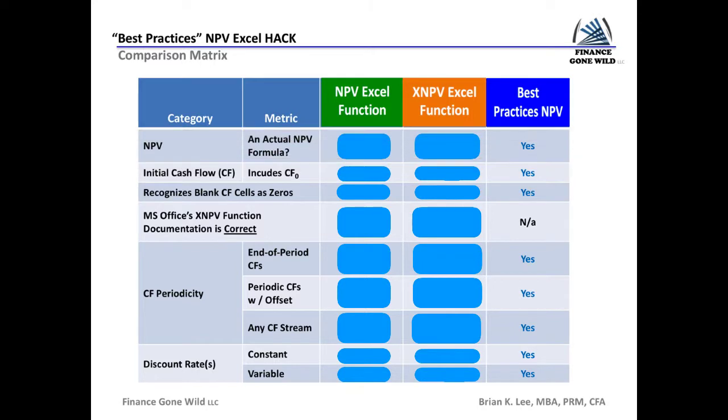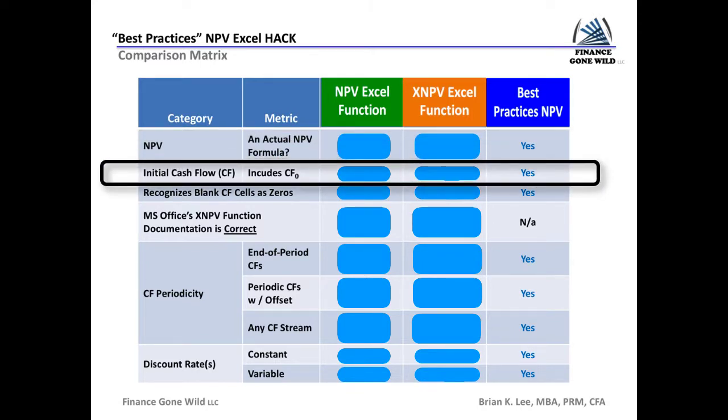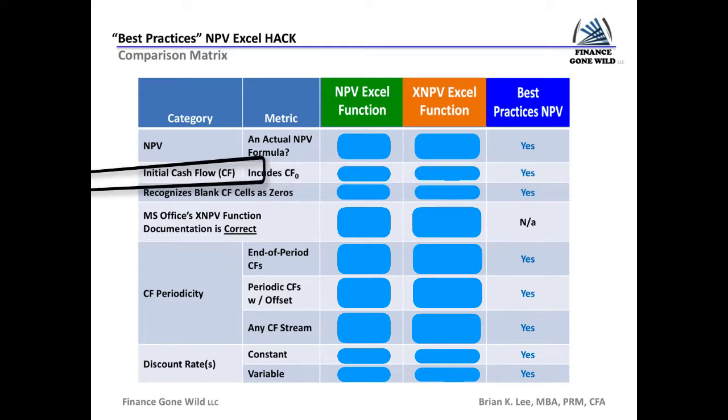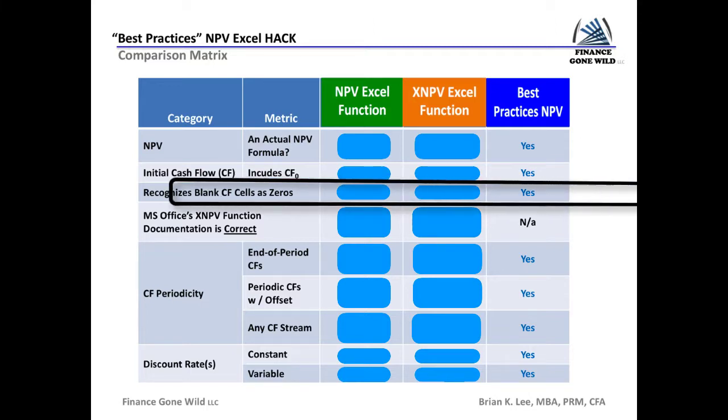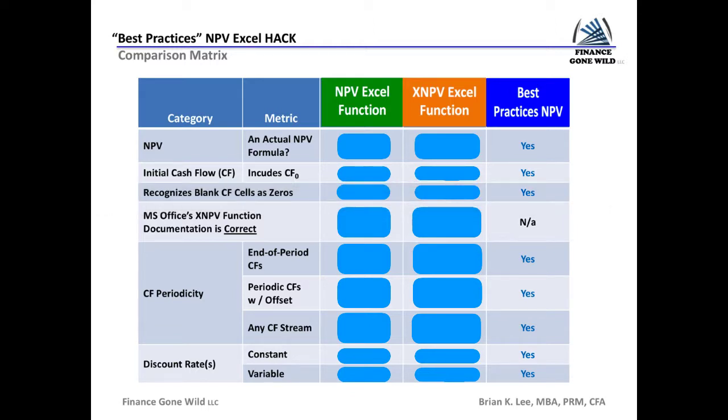Yes, it is. Just quickly going down the list, initial cash flow, denoted CF, is it included in the calculation? Yes, it is for the best practices NPV calculation. Does the best practices NPV calculation recognize blank cells within the cash flow column as zeros? Yes, it does.